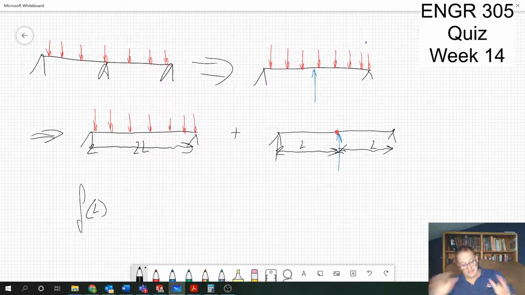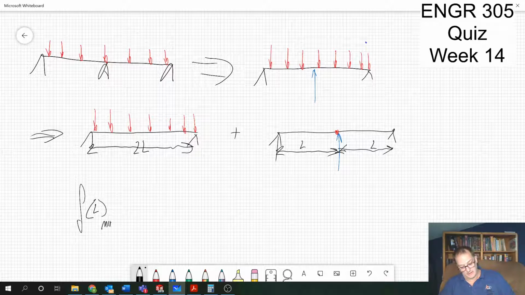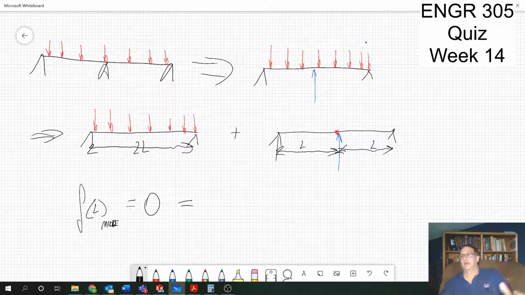No, it's delta in the middle is equal to 0. And that's equal to the sum of the deflections from the two things.